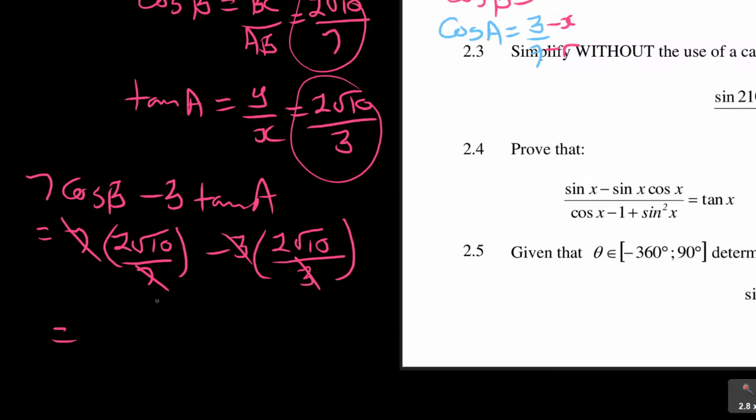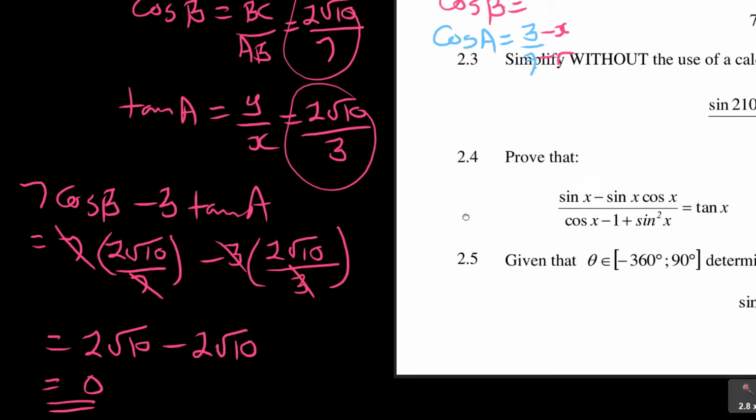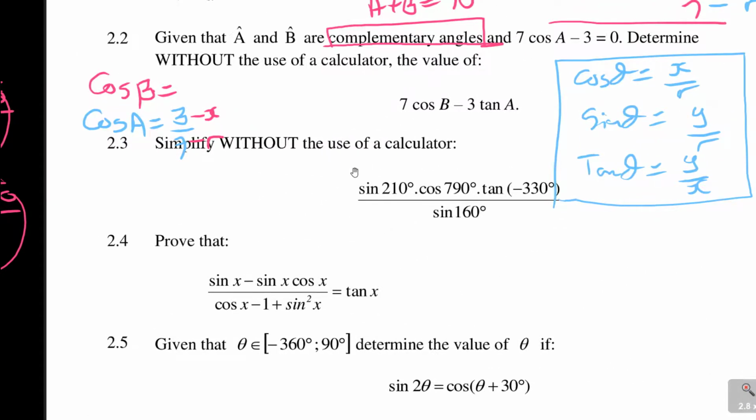Is it giving me a 0? It's 2√10 minus 2√10. It's giving me a 0 actually. Is it correct? So it's 7 multiplied by that, which is 2√10, minus 3 tan A. I hope that's fine. According to the calculation, that looks correct.